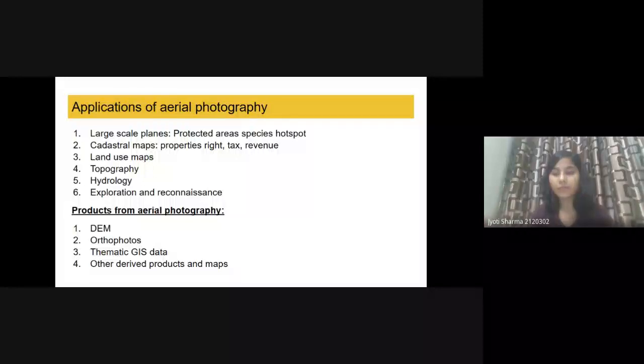Based on how much vegetation we have, and the diameter of the stems, and the reflected light, we can estimate how much carbon has been stored in that forest. Such information about net primary productivity and gross primary productivity, we can derive a lot of products from aerial photography.